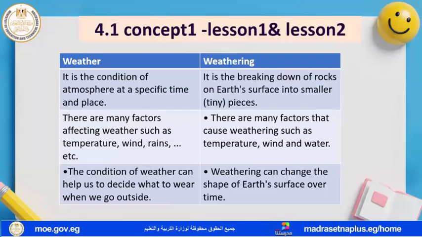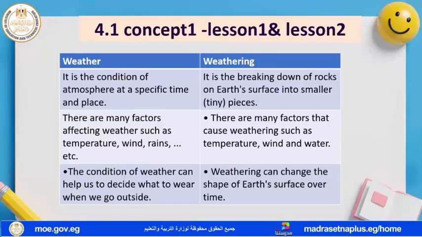In weather, there are many factors affecting it, such as temperature, wind, rain, and so on. But in weathering, there are many factors that cause it, such as temperature, wind, and water.